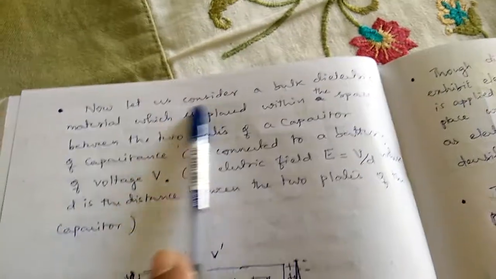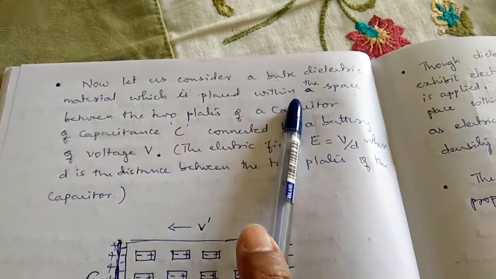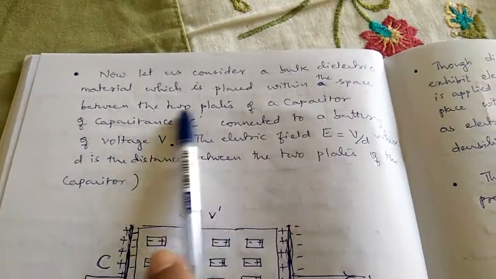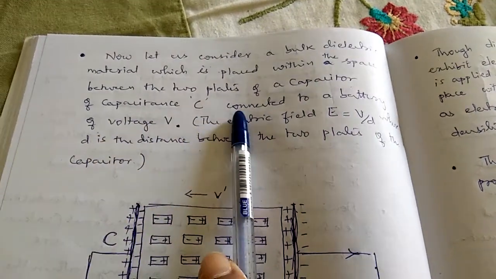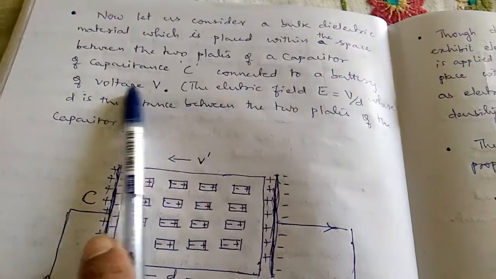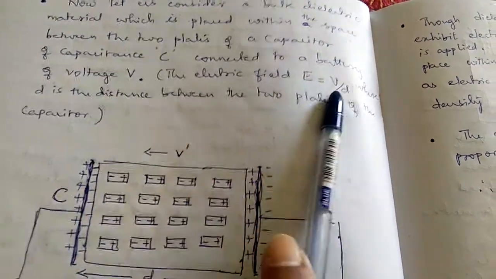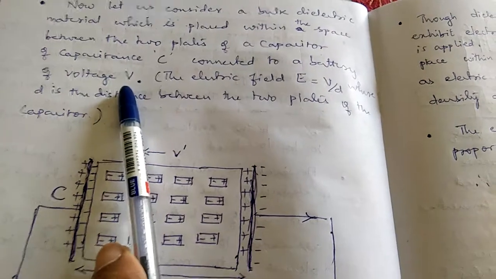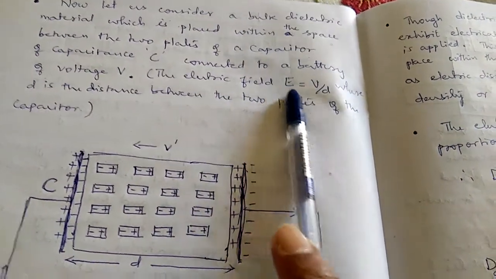Now, let us consider a bulk dielectric material which is placed within the space between the two plates of a capacitor of capacitance C connected to a battery of voltage V. So we can write electric field in terms of voltage, or voltage in terms of electric field or intensity of electric field.